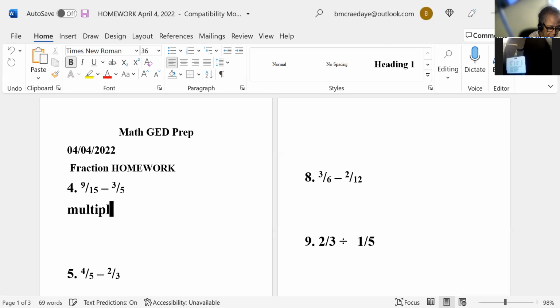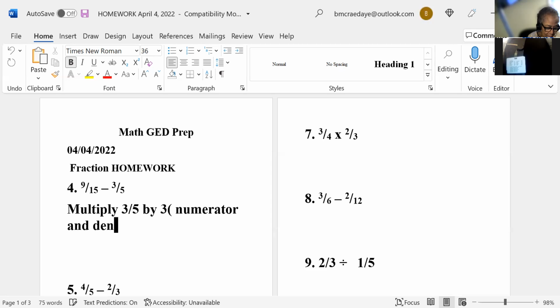Multiply 3 over 5 by 3, the numerator and the denominator.